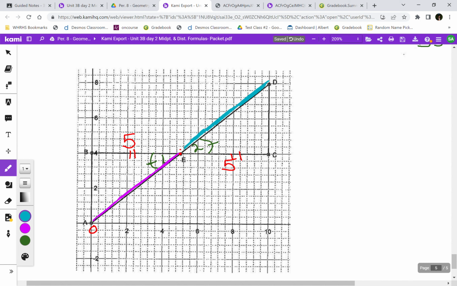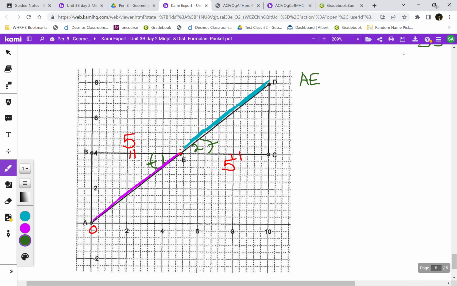No, you can only count horizontal and vertical segments. You can't count diagonal segments. So what am I going to have to do to find the length of A to E and E to D? Use what? The distance formula. You got it. So I'm going to use the distance formula for AE.